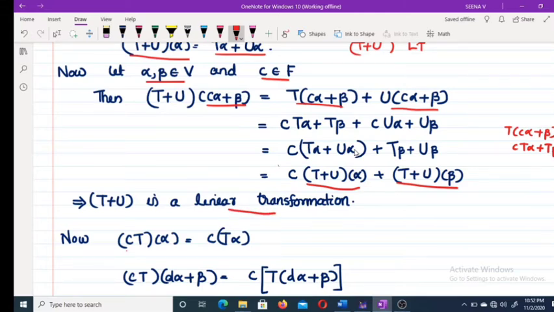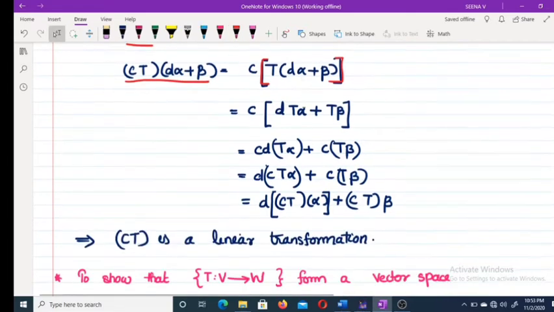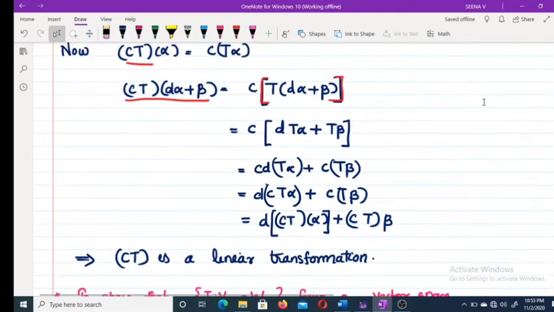Now we have to prove cT is also a linear transformation. cT is defined like this. So (cT) of (d alpha plus beta), by definition, is equal to c times T of (d alpha plus beta). Now, as T is a linear transformation, this you can write as c times (d T alpha plus T beta).